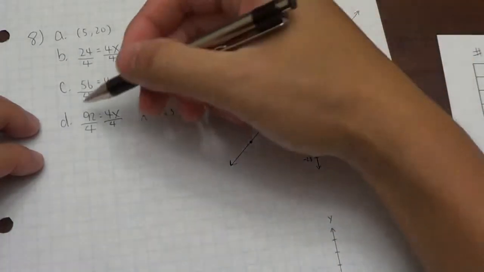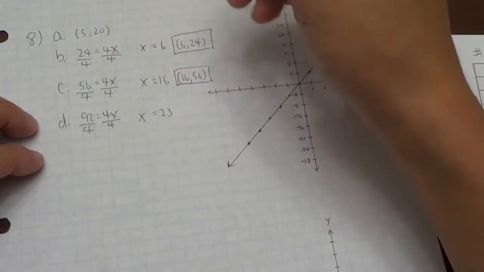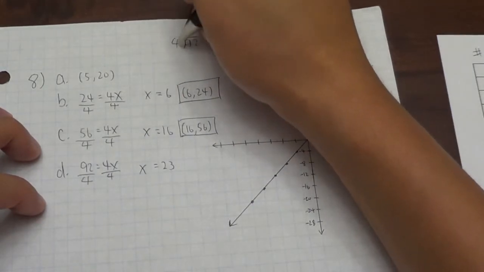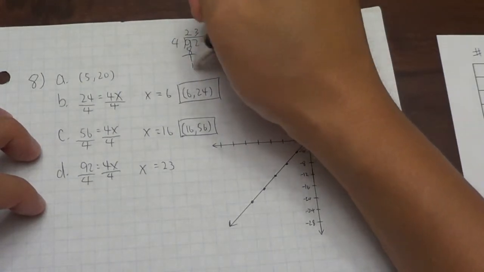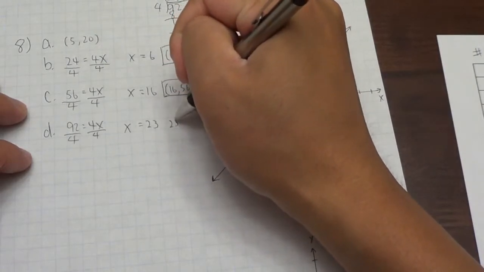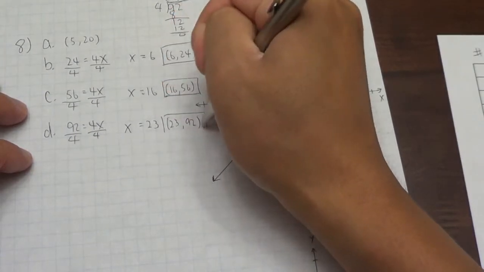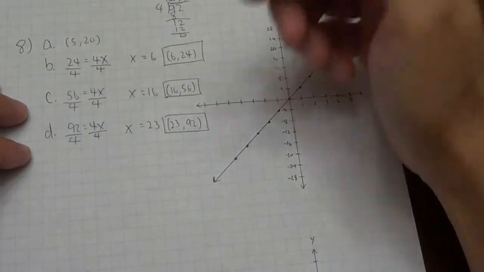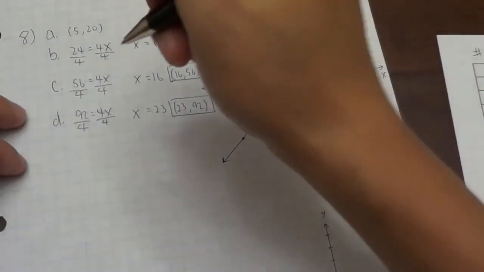Now, I'm skipping some work, and maybe they can't do 92 divided by 4 in their heads, so they would just do long division, or set it up right here and work their way down to the answer. So (23, 92) would be the point. Remember that the question is asking what point on the line, so it's not asking what x would be. Just a slight difference in how you answer that.